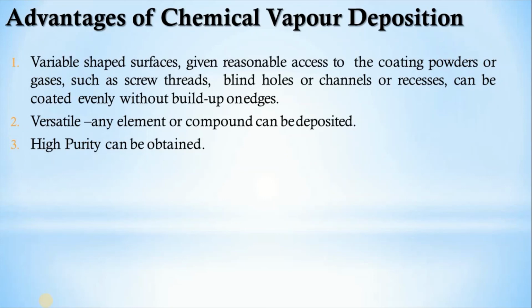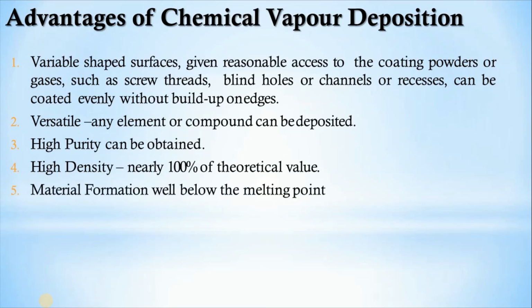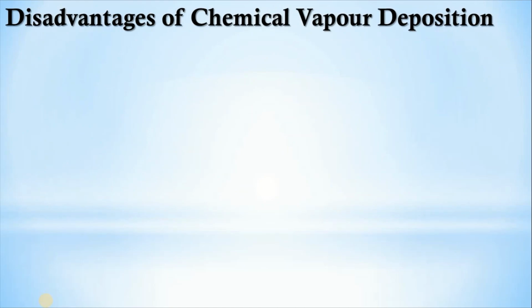High purity can be obtained. High density, nearly 100% of theoretical value, can be obtained. Material formation will be below the melting point. And it is economical in production since many parts can be coated at the same time. So these are the advantages.